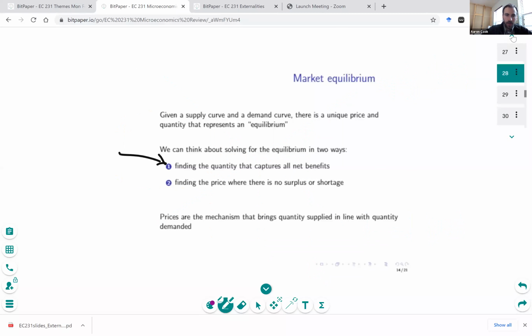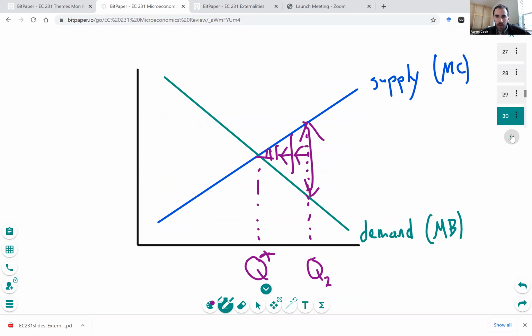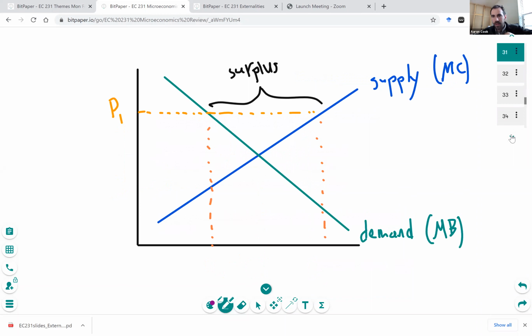You can also think about equilibrium as being a price at which there's no shortage or surplus of goods. So let's say we have a set of supply and demand curves like so, where P1 here is the price, and that price is high. At that high price, consumers are only willing to consume QC, whereas producers at that high price are willing to supply QP.